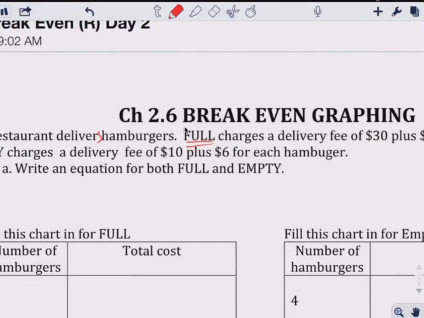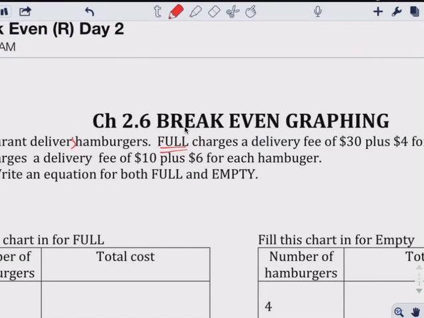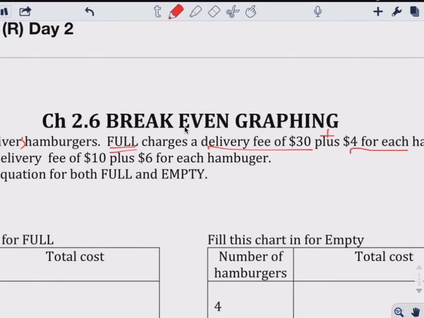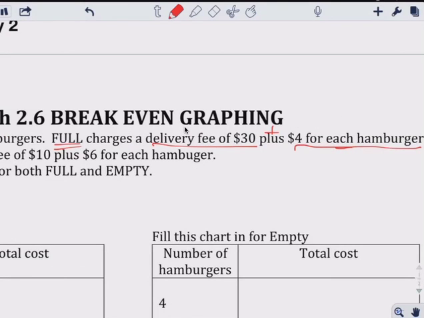Full charges a delivery fee of how much? $30. A delivery fee of $30 plus $4 for each burger.